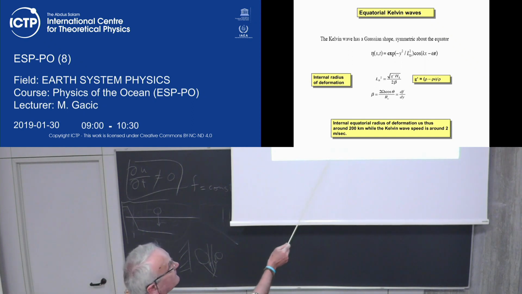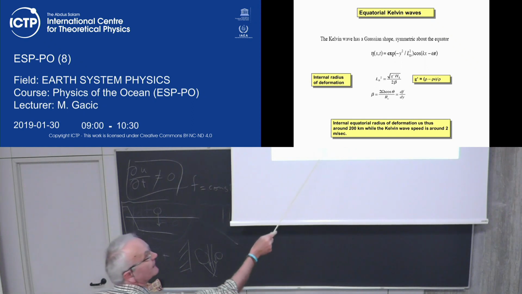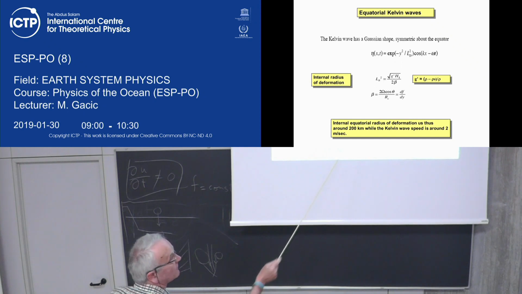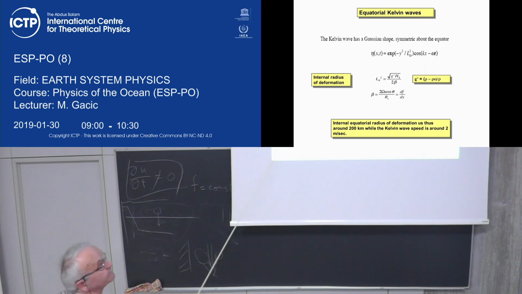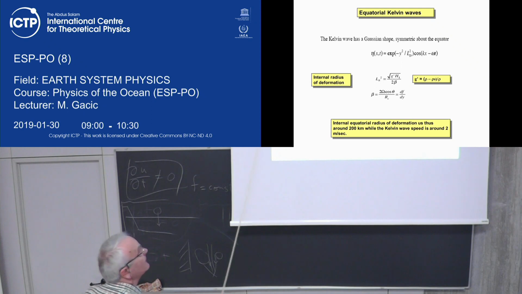So that means that the length scale is smaller here. Obviously it depends on beta, the rate of change going north and south. Anyhow, if we talk about the equatorial Kelvin waves, we are talking about waves which are trapped not along the coast anymore, but along the equator.